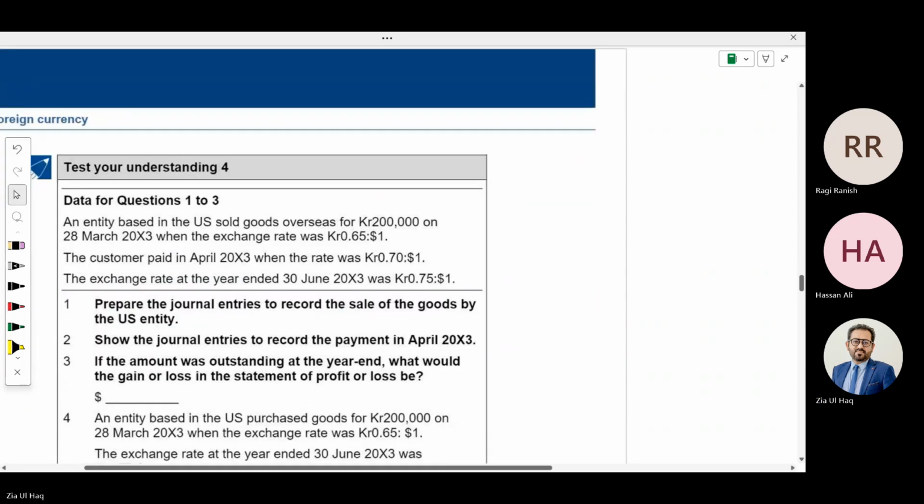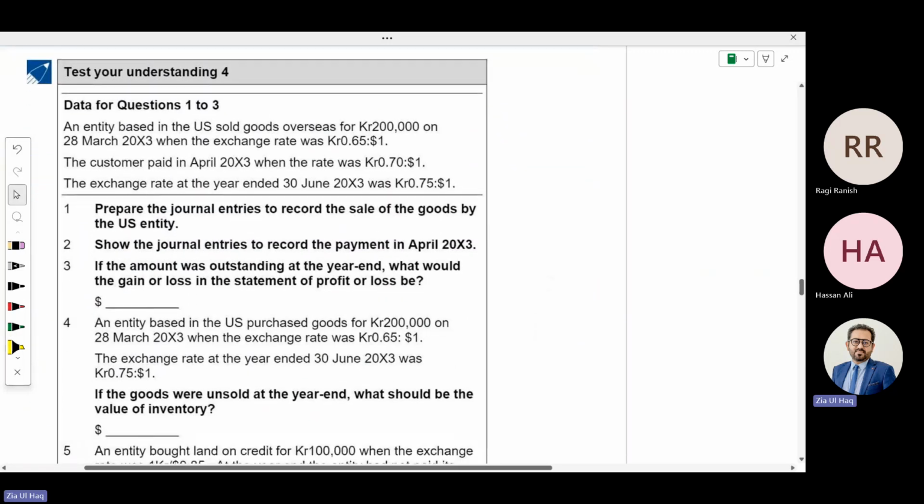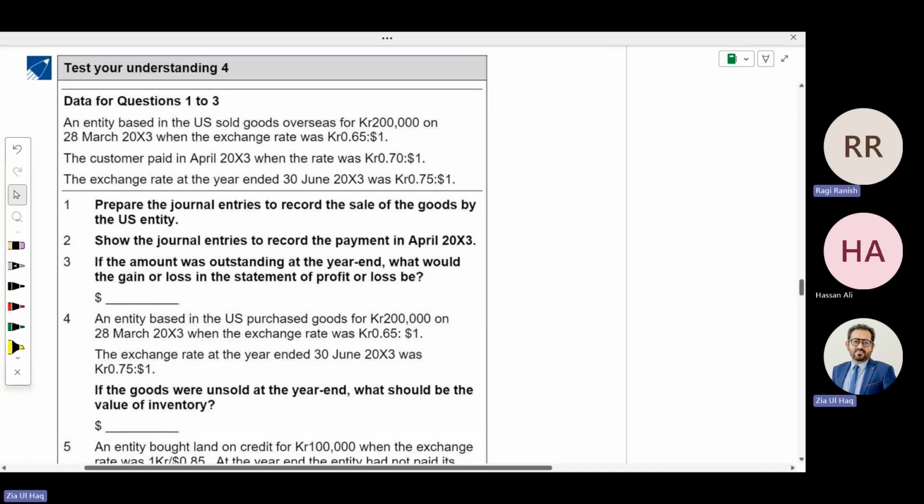Test your understanding 4. Data for questions 1, 2, 3. An entity based in US sold goods overseas for krona 200,000 on 28th of March 20x3 when the exchange rate was $0.652 to 1 krona.